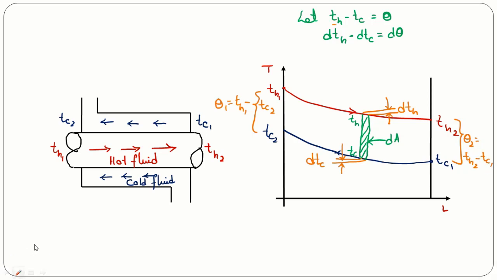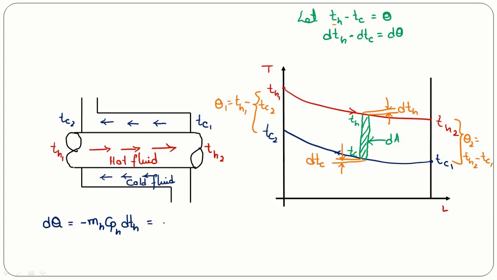Now, dQ is the heat transferred in the element. Now, this dQ will be equal to minus mass of hot fluid, specific heat of hot fluid into dTH. So, this is the heat lost by the hot fluid.